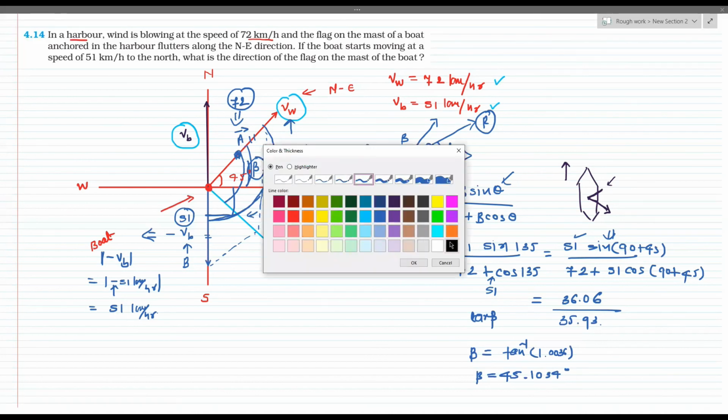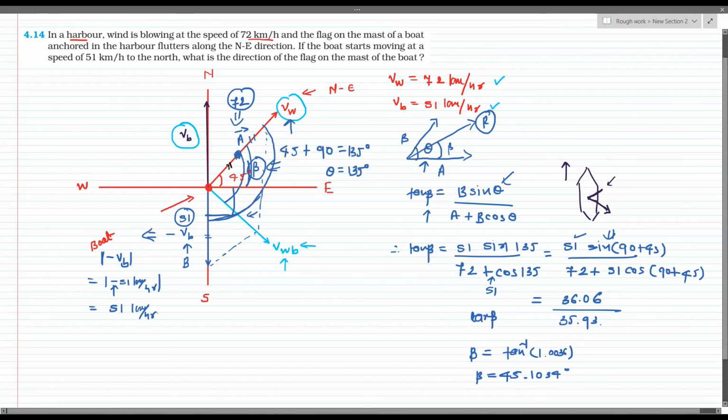So this vector makes an angle beta, which is this much, 45.1034 degrees, right?